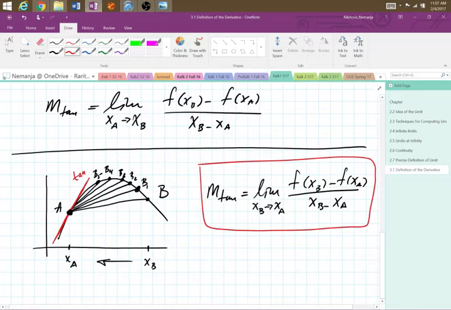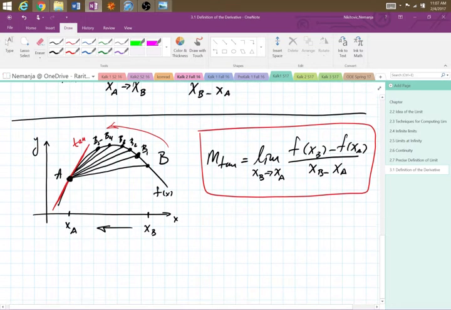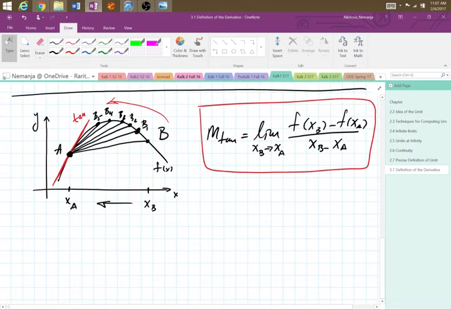So b is going to travel along the function f of x. So this line is f of x. It's x-axis, y-axis. And it's going to go all the way around. Now what's going to happen here? Well, to make calculations much easier, we are going to define h as xb minus xa.